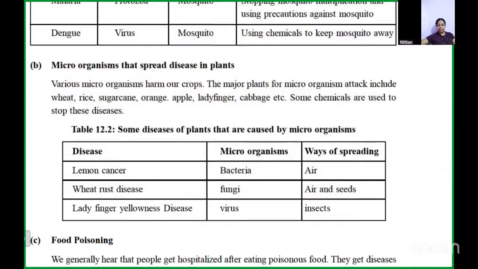The major plants that microorganisms attack include wheat, rice, sugarcane, orange, apple, ladyfinger, cabbage, etc. Some chemicals are used to stop these diseases. Microorganisms also affect plants and crops. They also spread diseases in plants and crops too. Okay, let's take a look at some of the diseases in plants that are caused by microorganisms.